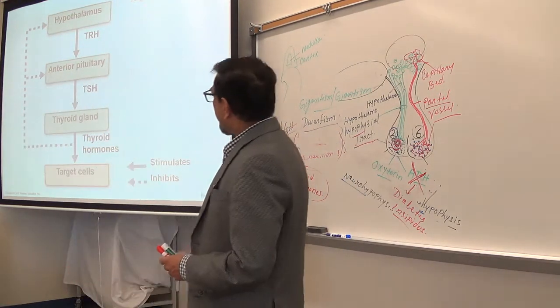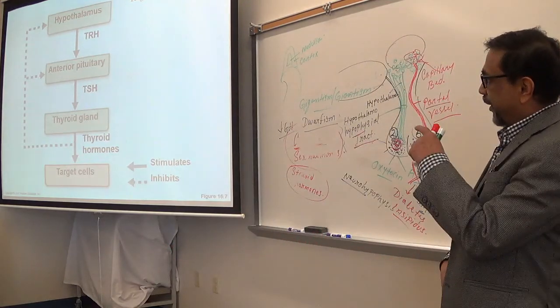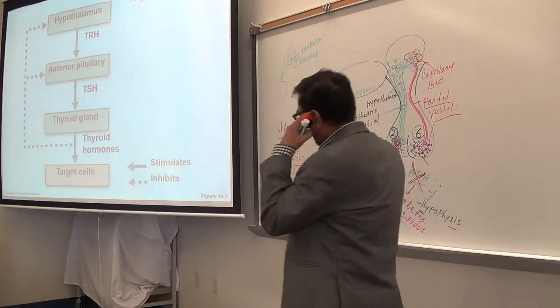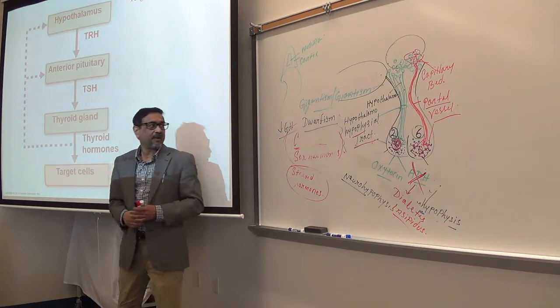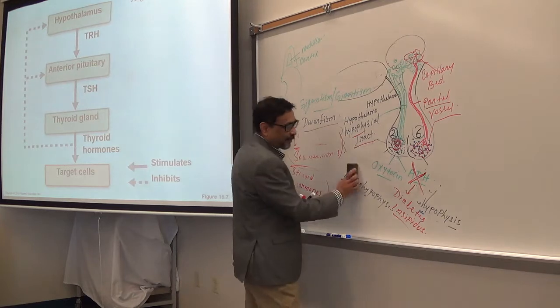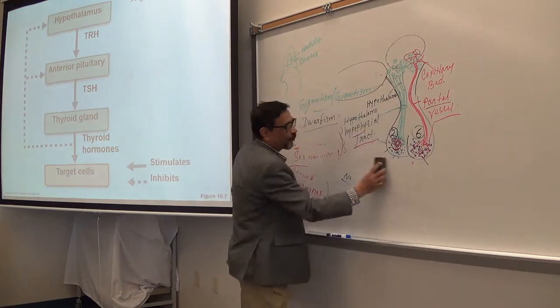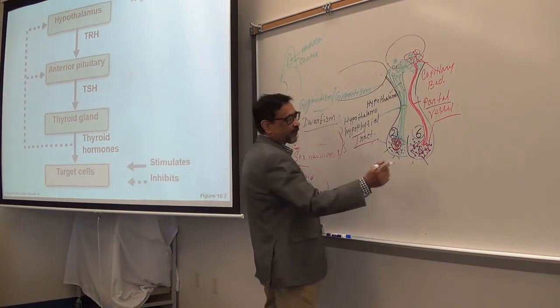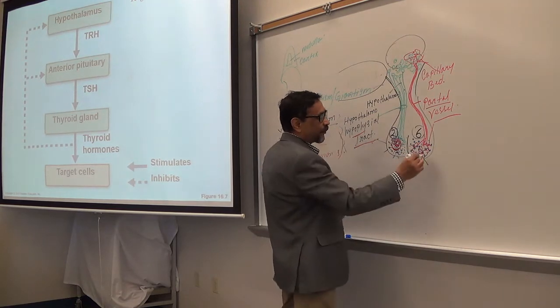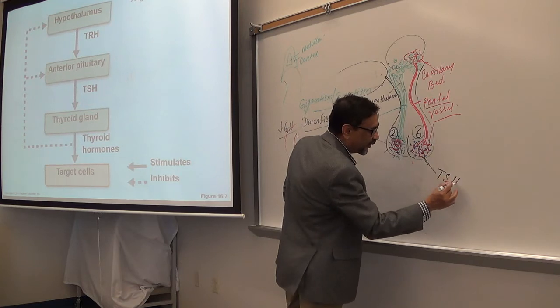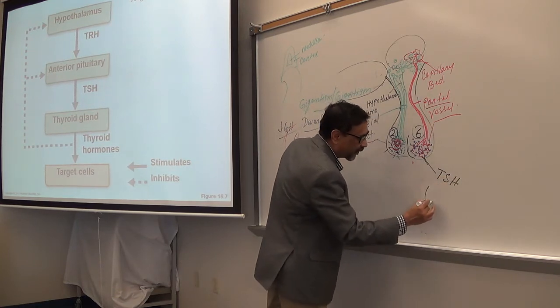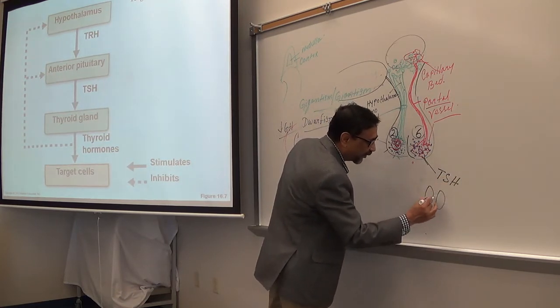Now, the endocrine secretion is regulated by a negative feedback mechanism. What is that? I told you that pituitary hormones control the glands. For example, thyroid stimulating hormone, TSH, works on the thyroid gland. So this is the thyroid gland, okay?